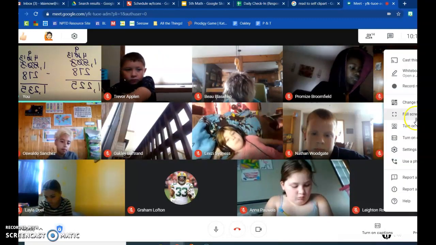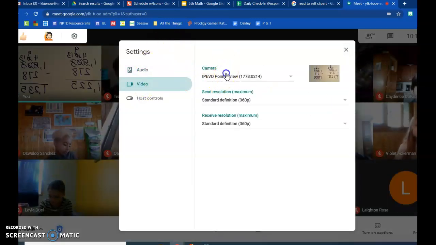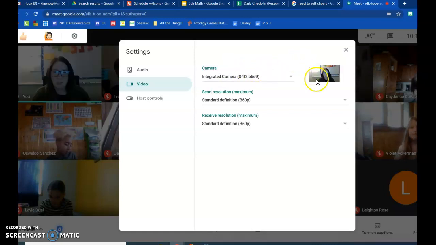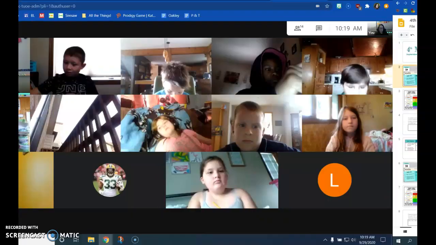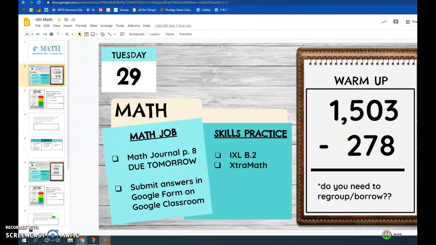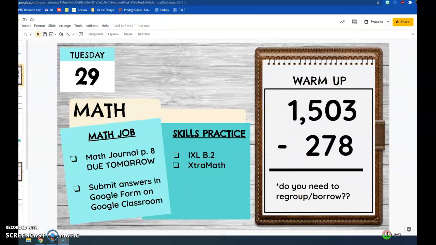Yesterday, we started thinking about word problems and what kind of things we need to remember when we are doing our word problems, okay? And so today we are going to continue talking about word problems, but first we're going to review.